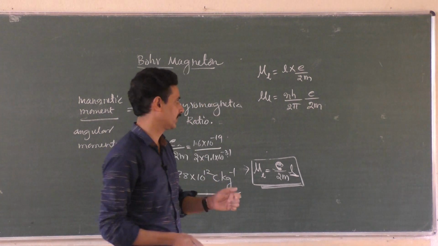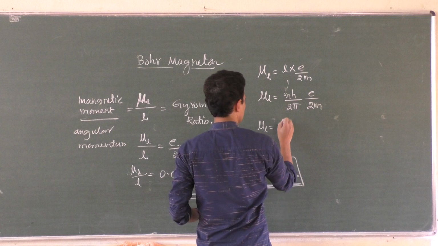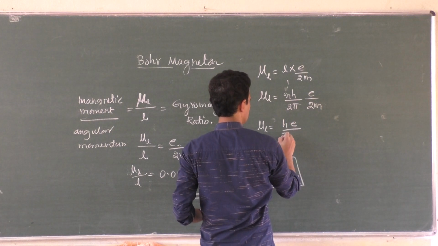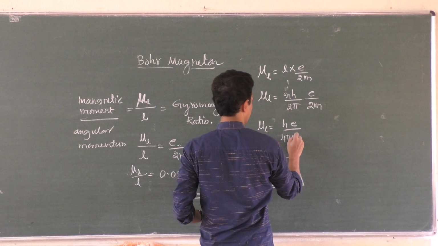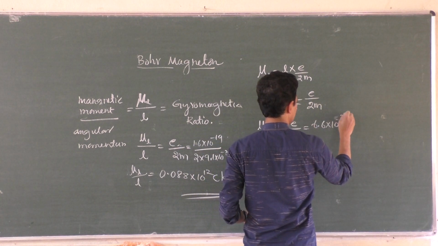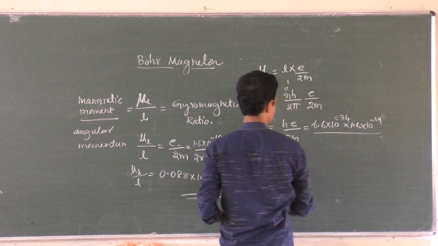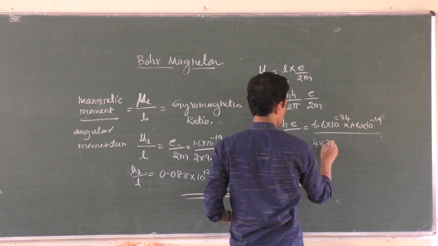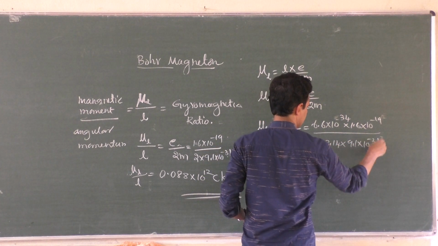The first orbit of hydrogen atom, put n is equal to 1, then mu L is equal to he by 4 pi m, right? he by 4 pi m, that is equal to 6.6 into 10 to the power minus 34 into 1.6 into 10 to the power minus 19, divided by 4 into 3.14 into 9.1 into 10 to the power minus 31.